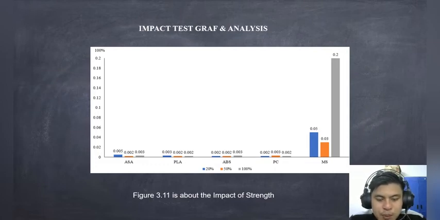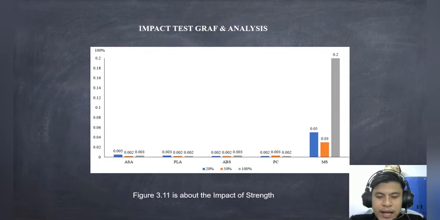As we see, for PLA, the highest is the 20%, 0.003, and the 50 and 100% share the same place, which is 0.002. Also the ABS, the highest is the 100%, which is 0.003, and 20 and 50% share the same place with 0.002.